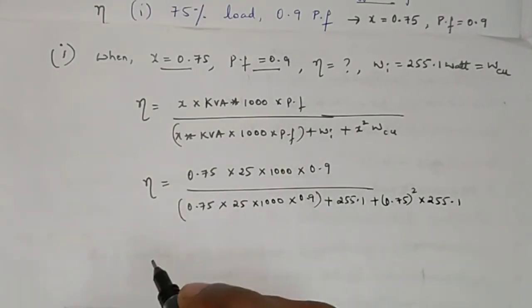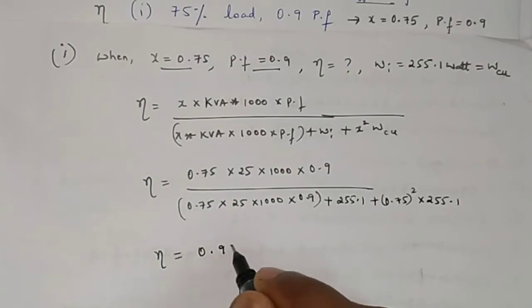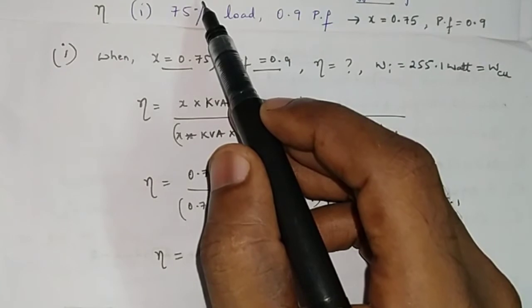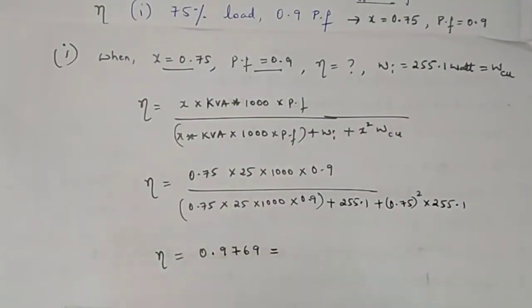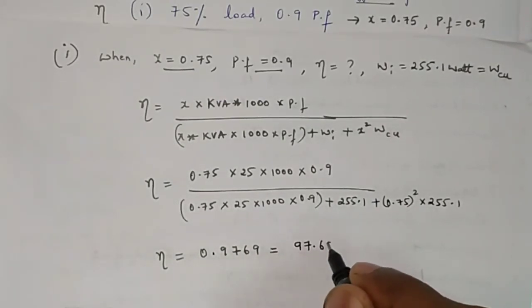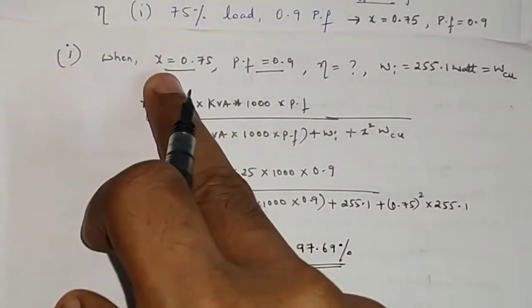Substitute in this way and simplify, you will get the answer as 0.9769. Efficiency has to be written in percentage after simplifying, so multiply this value by 100. You will get 97.69%. So this is the value for efficiency for case number 1.